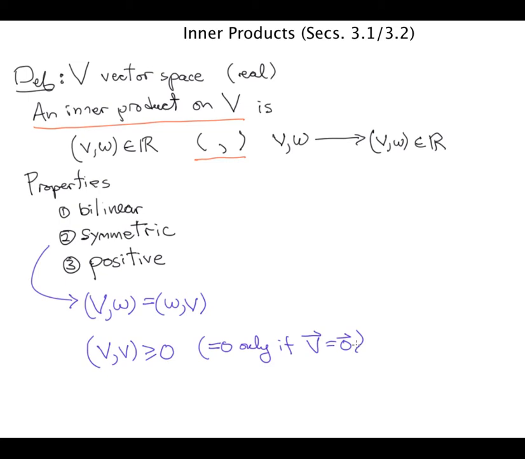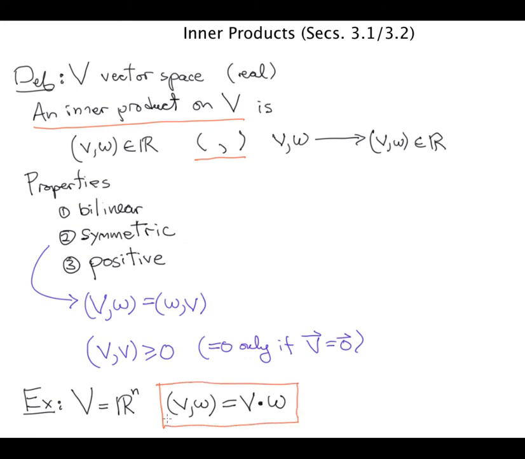So, how do you find such things besides the dot product? The only example we have at the moment is if V is equal to Rn, and you take the inner product of V and W to be V dot W. That's the basic example.